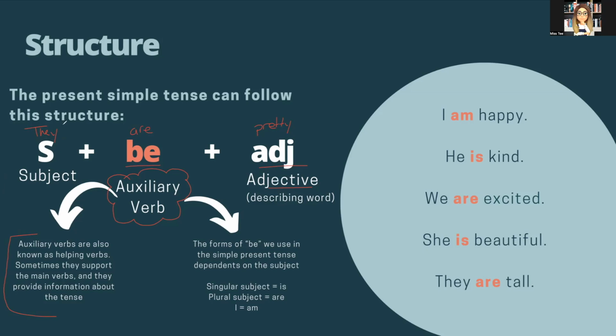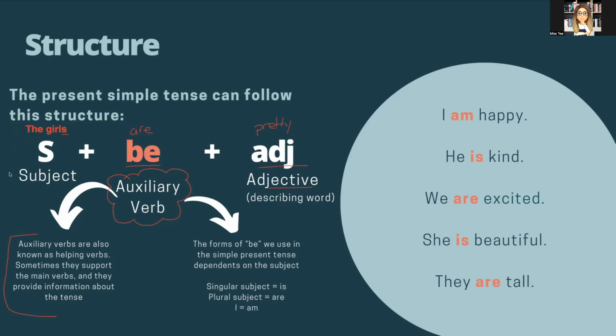Now, it doesn't matter whether you use pronouns or actual nouns, just as long as you follow the rule. So say, for example, you don't have the pronoun they. Say you want an actual noun and say, the girls. Now, the important part here is it is plural, so we have the S. The girls are pretty. That's fine.